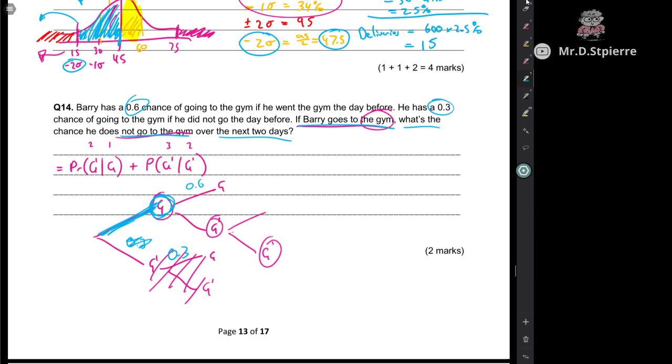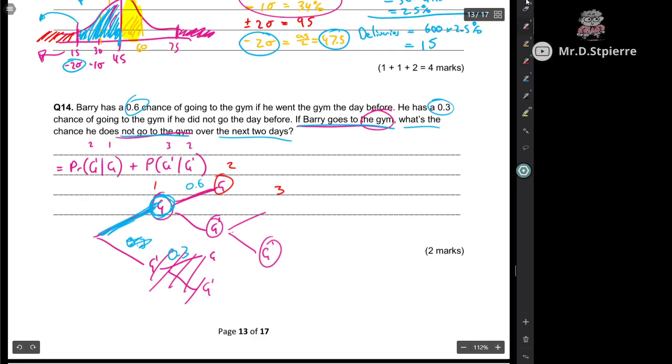Oh, yeah, we can just fill it in. So if he has a 0.6 of going to the gym on day 2, if he went on day 1, so that's day 1, this is day 2, day 3 over here.